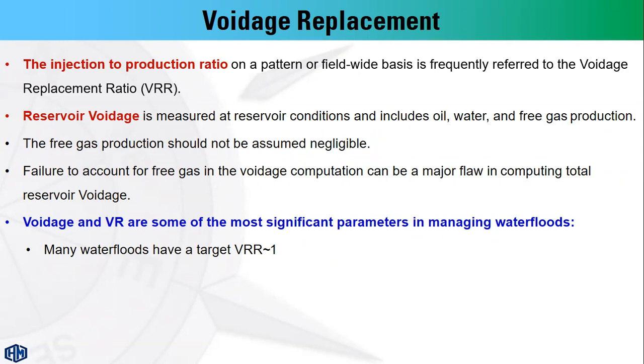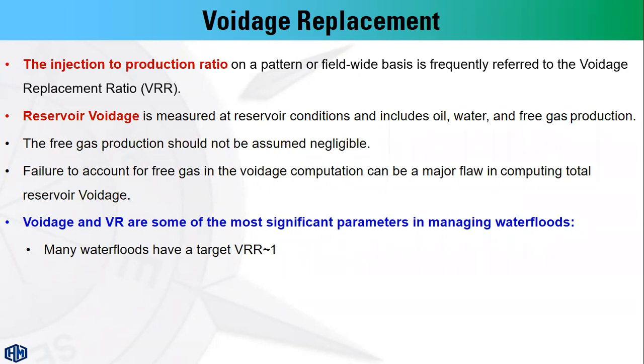Reservoir voidage is the produced oil and water and even the free gas production measured at reservoir conditions. So we have to convert the free gas production to equivalent liquid production. Voidage replacement is an important parameter to manage water flooding projects.